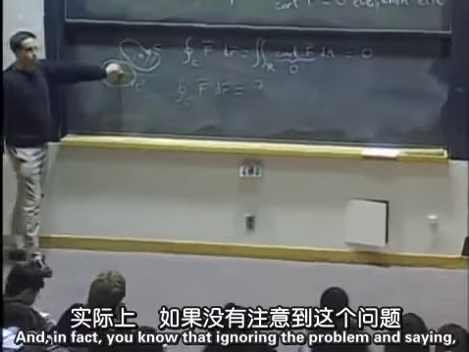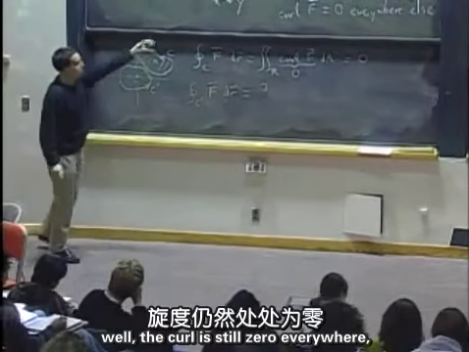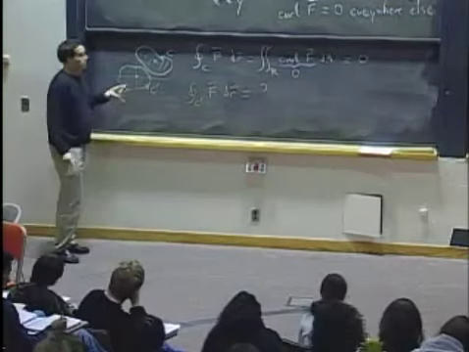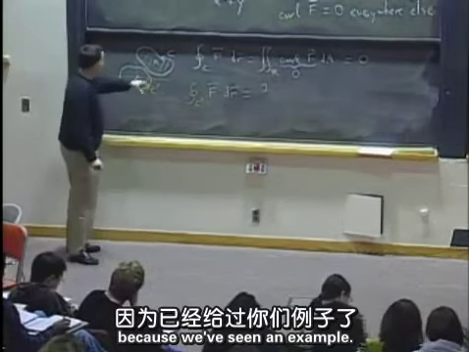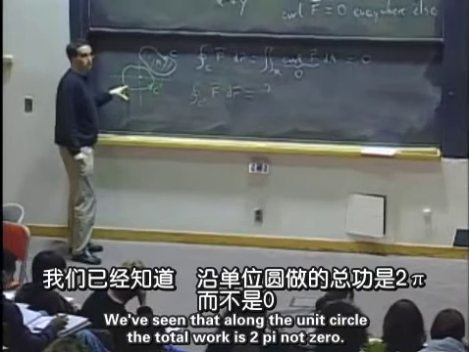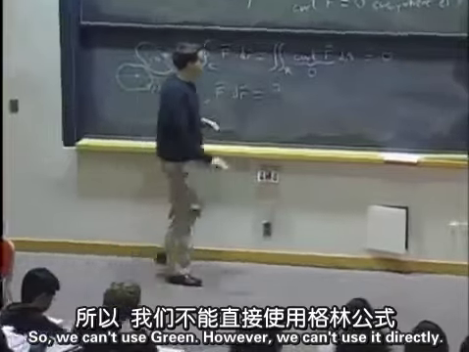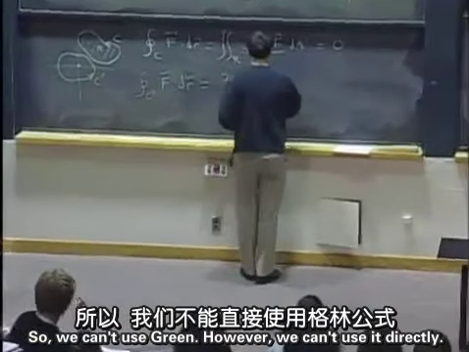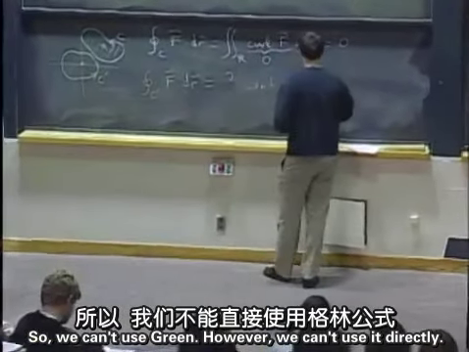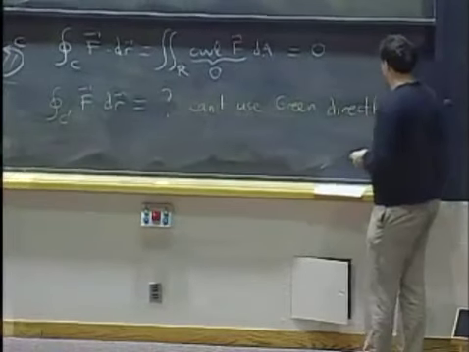And in fact, ignoring the problem and saying that curl is still 0 everywhere would give you the wrong answer, because we've seen an example. We've seen that along the unit circle, the total work is 2 pi, not 0. So we can't use Green's theorem, or rather, we can't use it directly.